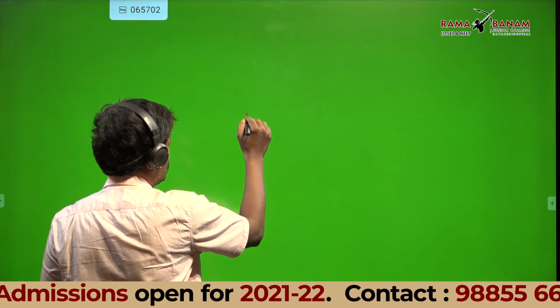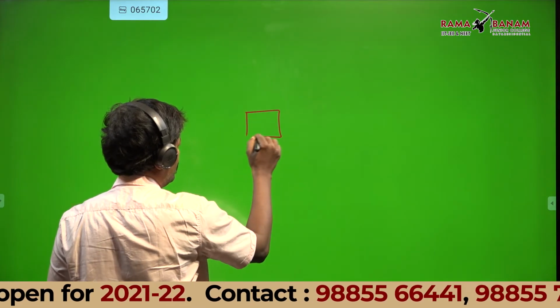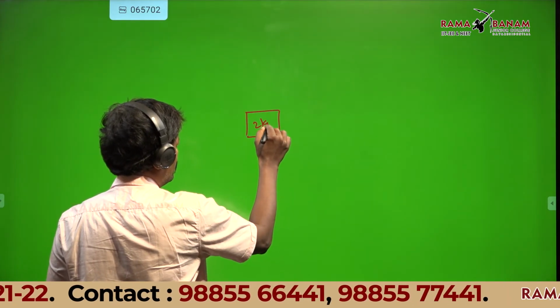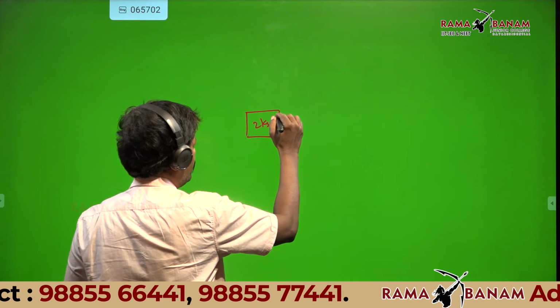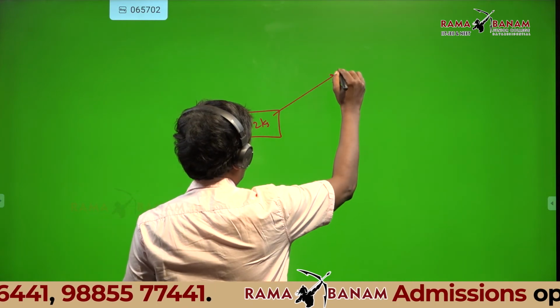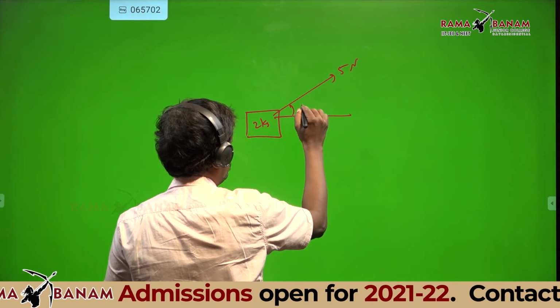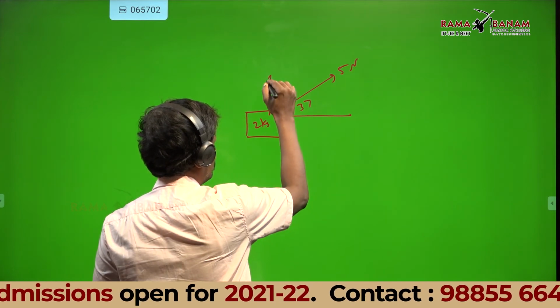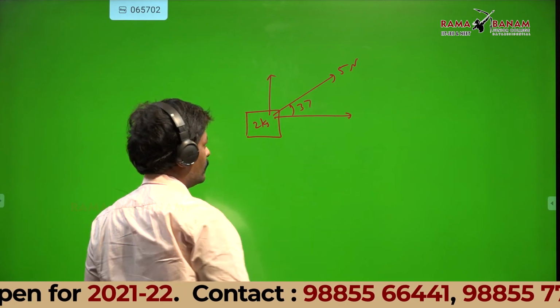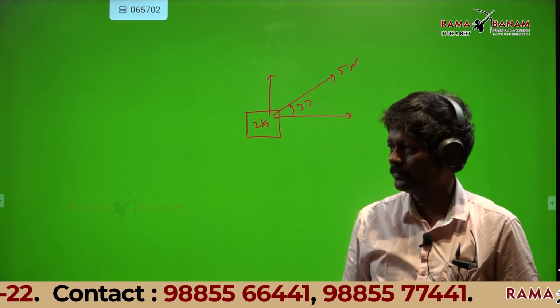There is a body of mass, again I am taking 2 kg, and you have 5 Newton. Again the same thing, I am giving 37. Now this is not on the floor.